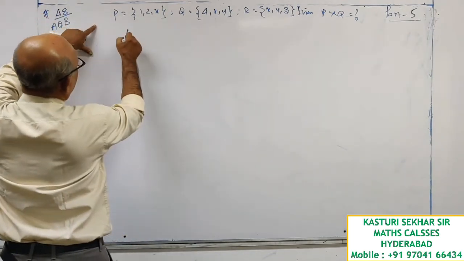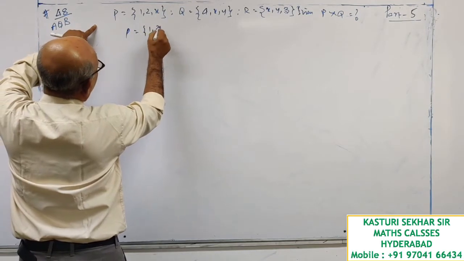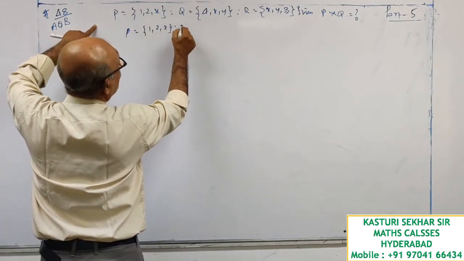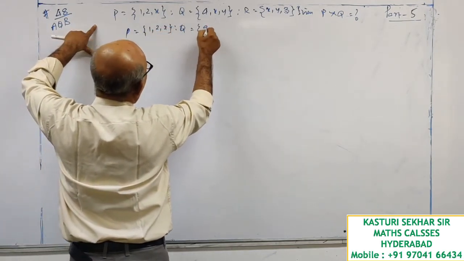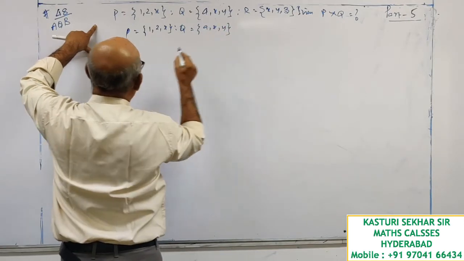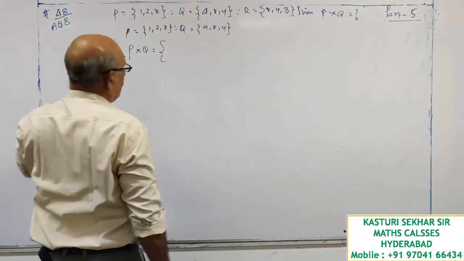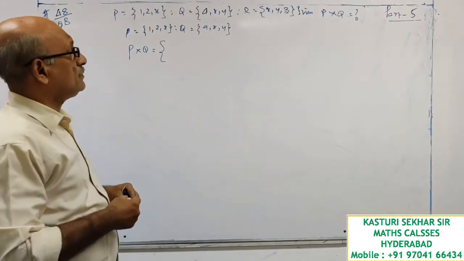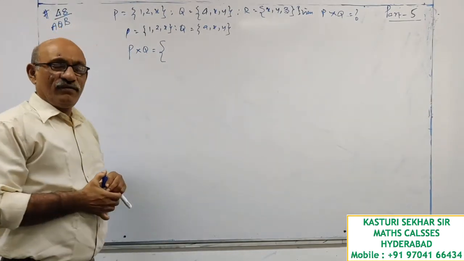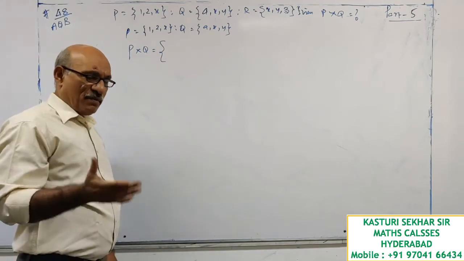Now sir, first you write set P: 1, 2, x, and Q: a, x, y. P cross Q is a set. First of all, remember this.